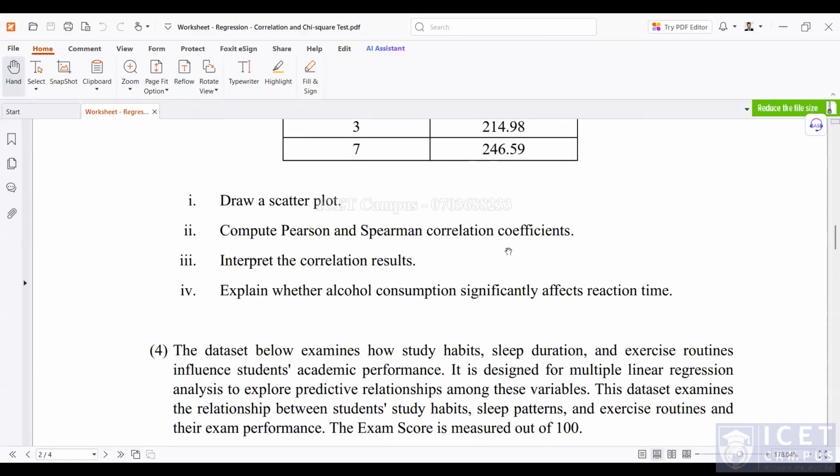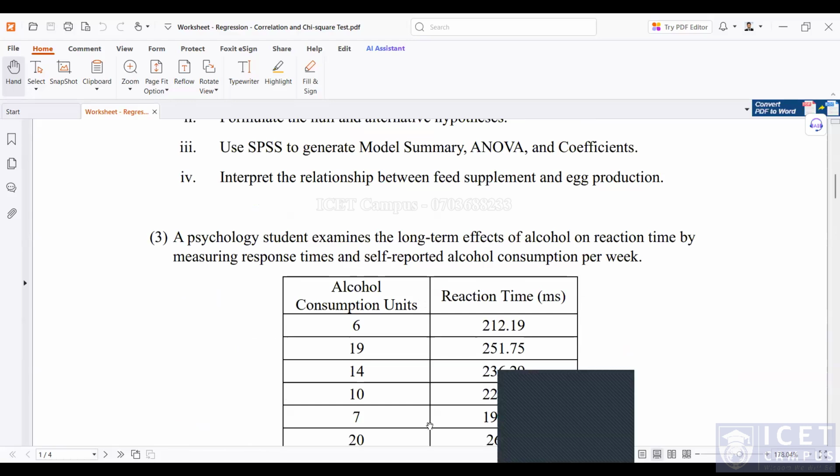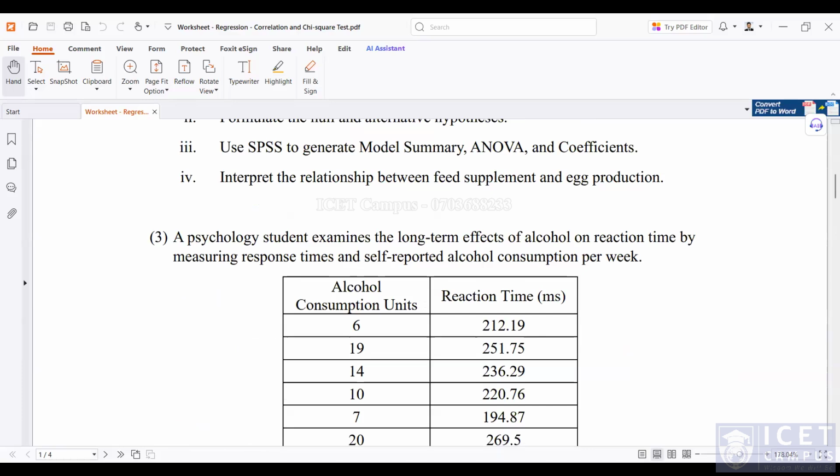Compute the Pearson and Spearman correlation coefficients. Interpret the correlation results. Explain whether alcohol consumption significantly affects reaction time. Alcohol consumption units and reaction time are given there, so we have to do the correlation analysis here.